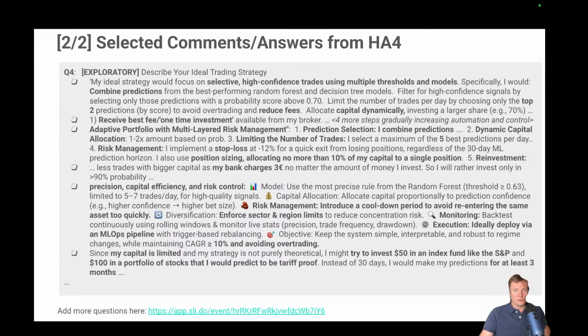So on top of the decision rules, you may want to do a dynamic capital allocation and slightly put a higher bet on a higher probable trades, but it all needs to be simulated. Then limited number of trades, that will be simulated today as well, and risk management. That's all the same ideas. Okay, and those were the ideas that you shared in your homework.